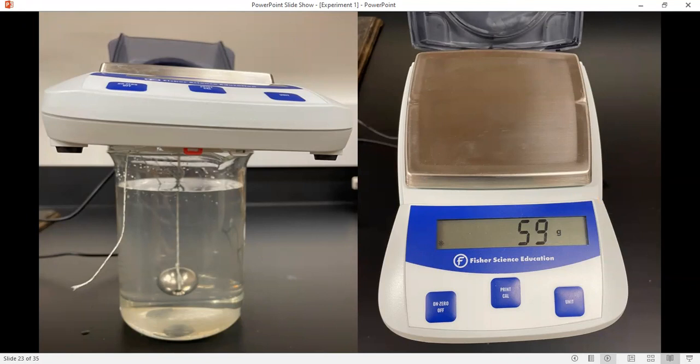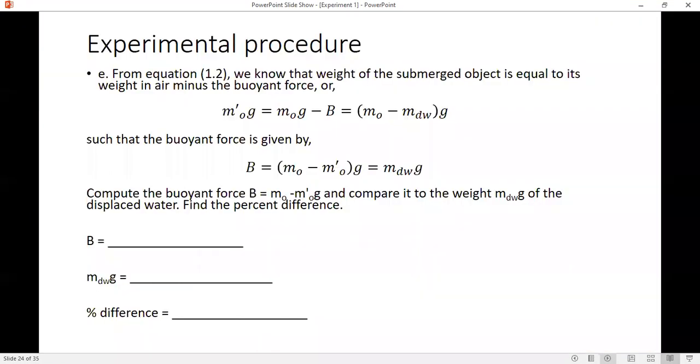Clearly, the effective mass is less than the actual mass of the sphere. We've reduced our reading here. We're down to 59. So in doing the calculations, we can calculate the buoyant force by taking how much mass we had when it was dry, minus how much effective mass the scale read when it was submerged, multiply that times the acceleration of gravity, and that will give me the buoyant force.